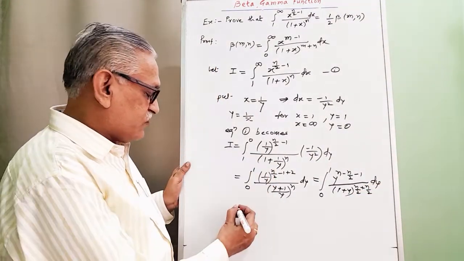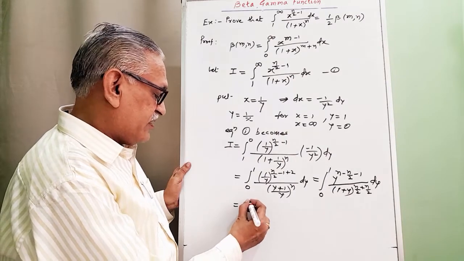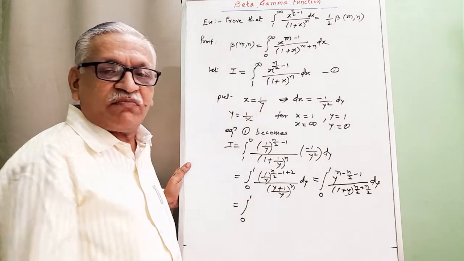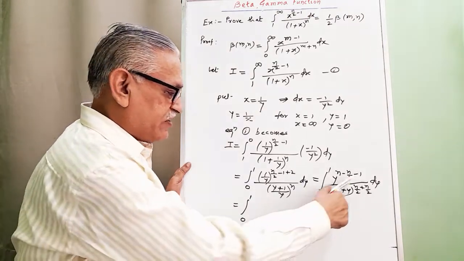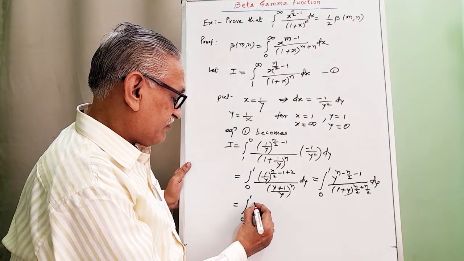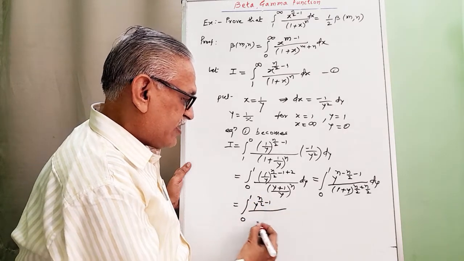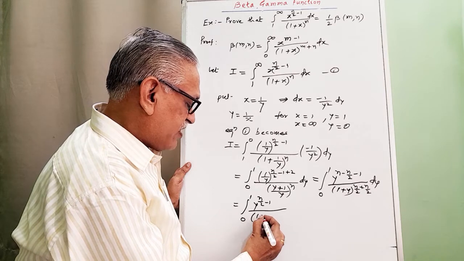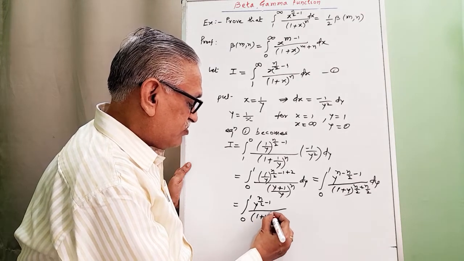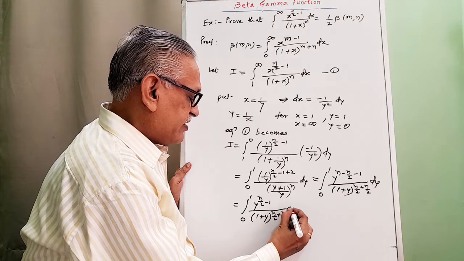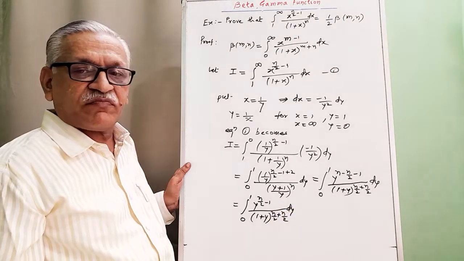Therefore it is equal to the integral from 0 to 1 of y^(n/2 - 1) divided by (1 + y)^(n/2 + n/2), with respect to y.